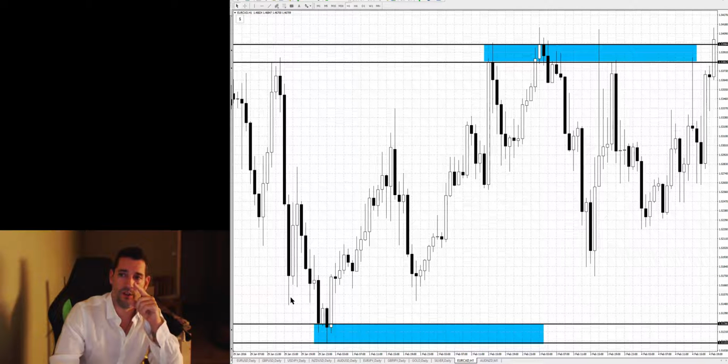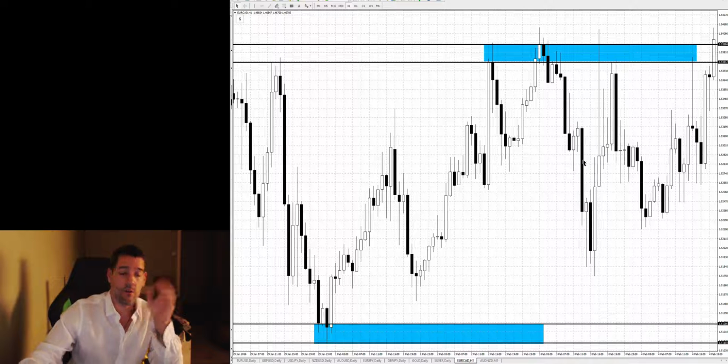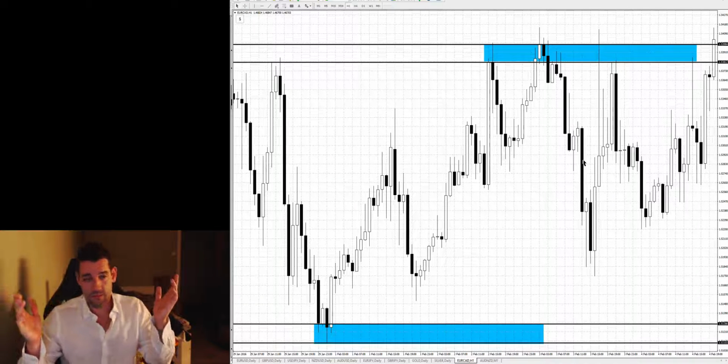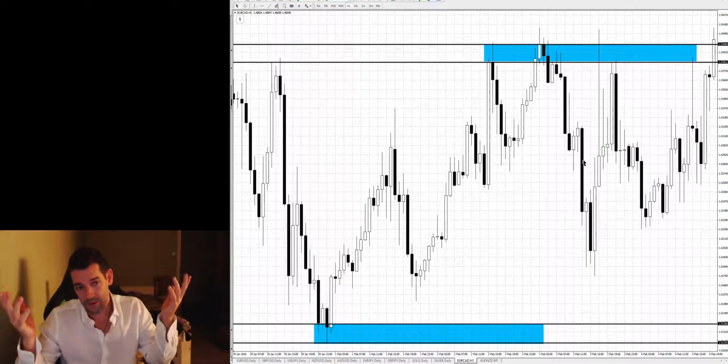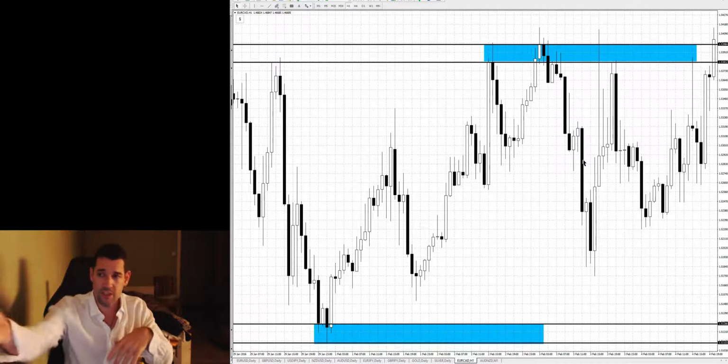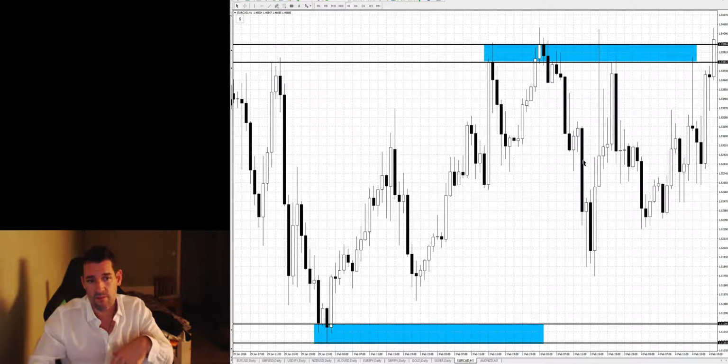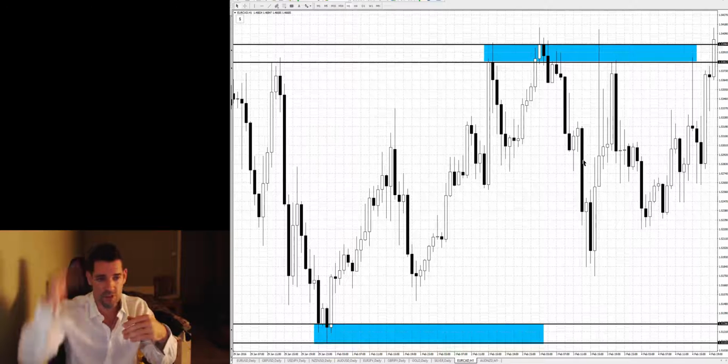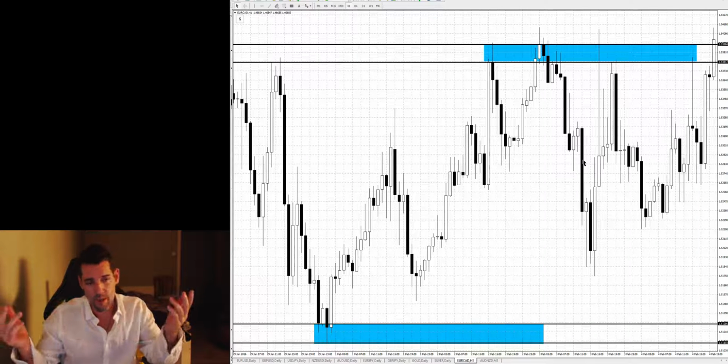Closing through the area, not higher than the spike. Question is, I don't know what's gonna happen, but will there be enough power to go beyond it? Maybe we'll just see a spike now, a pin bar, and then price will go down. Or maybe we'll see a strong force bar, price going up.